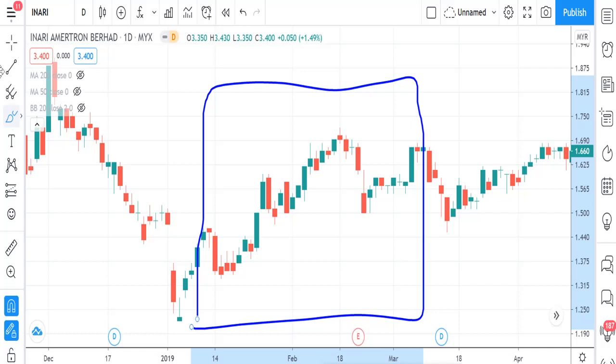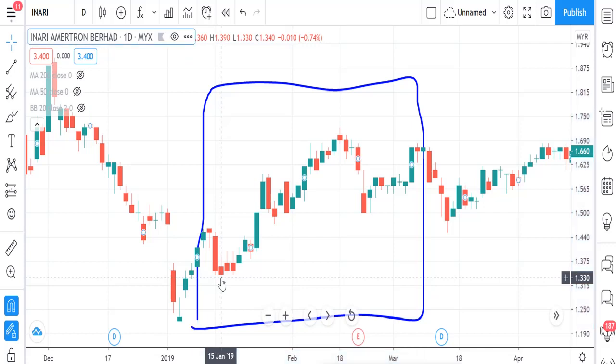Now let's try to determine, in this portion, which is not such a small portion, it ranges for about two months, slightly more than two months, it's actually a two months period chart, if it's in an uptrend.